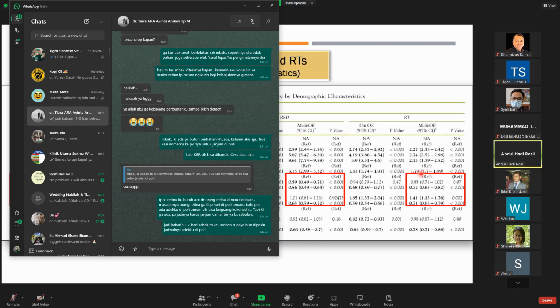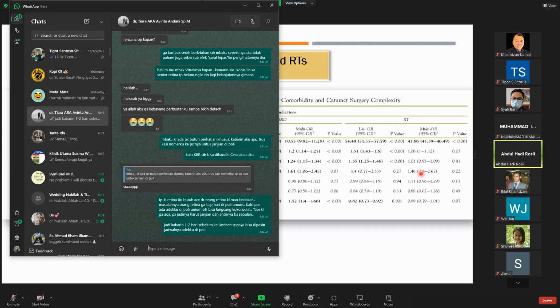Then for ocular comorbidity, the multivariate analysis showed increased risk of RRD with lattice degeneration, high myopia, and patients who had PVD post-operatively, with lattice degeneration having the highest odds ratio compared to the other risk factors. But for retinal tear, only patients who had lattice degeneration showed increased risk of developing retinal tear post-operatively.